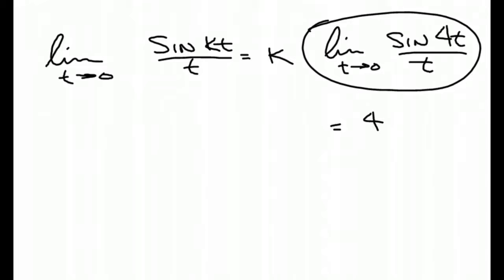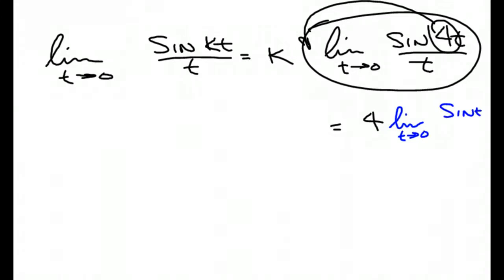Because what you're going to do is take this 4 and move it in front there. So you're going to have 4 times the limit as t approaches 0 of the sine of t over t. And we already decided that the sine of t over t is 1. So 4 times 1 is going to be 4.